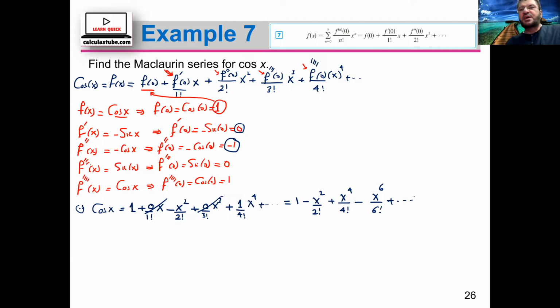Now let's present this one as a series. You look at the power, it's even. So what do we say? X to the 2n over, because 2 factorial, 4 factorial, also the denominator is the same thing. So this is 2n factorial. Now it alternates. So I'm going to say minus 1 to the n. This starts with n, guys.